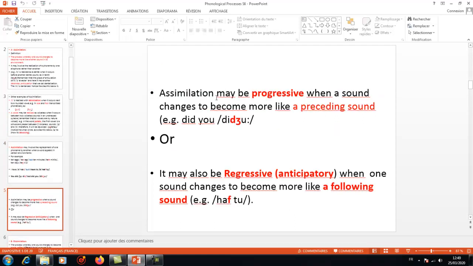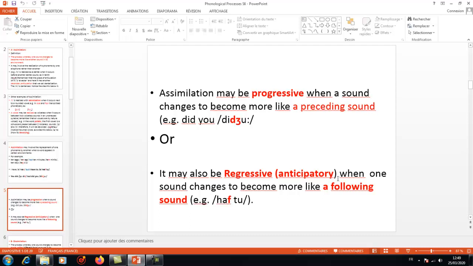Now, assimilation is of two different kinds. It may be progressive, when a sound changes to become more like a preceding sound. Here, "did you": due to the influence of the d, it becomes j. Now, the other kind of assimilation is regressive or anticipatory assimilation.